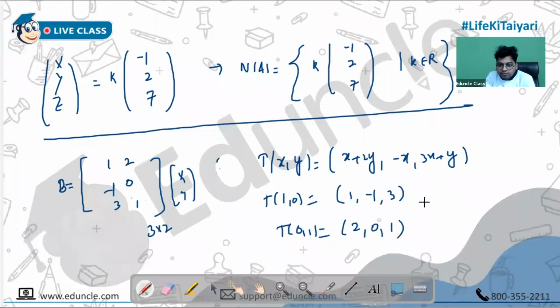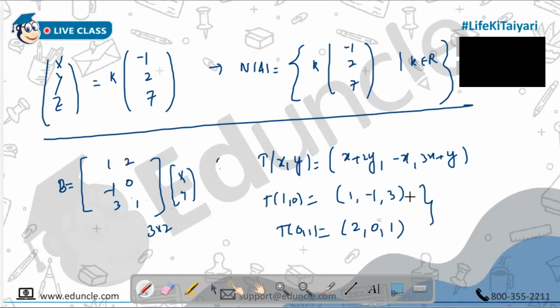Okay, so these two vectors, I think linearly independent or dependent? I see they are linearly independent. They are independent sir.